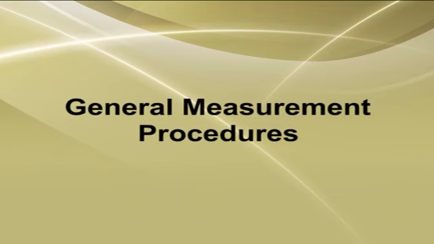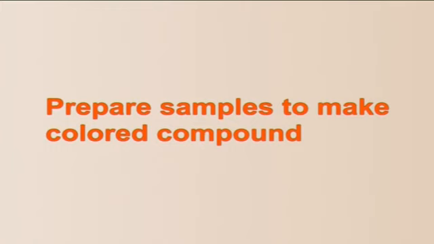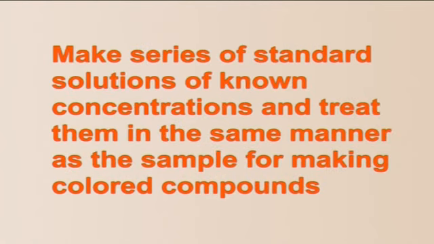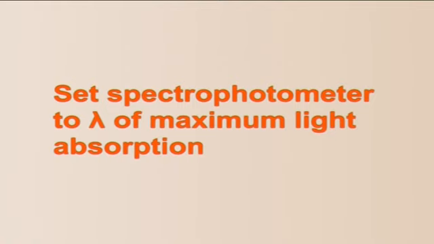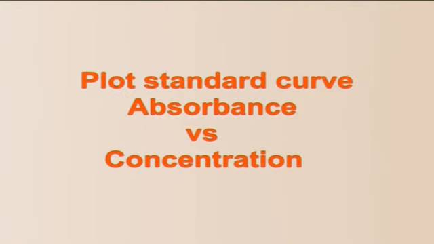General measurement procedures. As explained above, the Beer-Lambert's law forms the basis of the measurement procedure. The amount of light radiation absorbed by the compound is directly related to the concentration of the compound. The general measurement procedure consists of 5 steps: prepare sample to make colored compound; make a series of standard solutions of known concentrations and treat them in the same manner as the sample for making colored compounds; set the spectrophotometer to lambda of maximum light absorption, measure light absorbance of standards, and plot a standard curve, absorbance versus concentration.